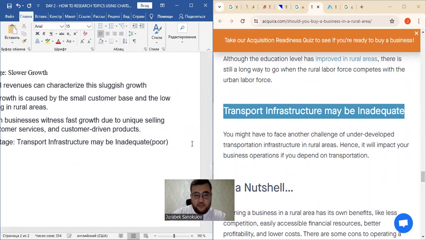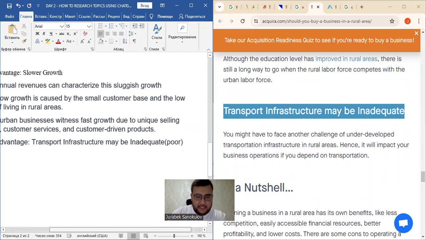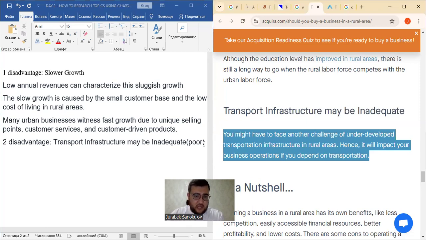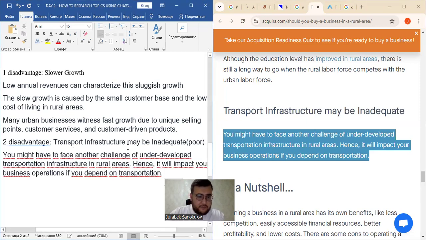It has two meanings. One means insufficient. The other one is poor. Inadequate infrastructure, poor infrastructure. You might have to face another challenge of underdeveloped transportation infrastructure in rural areas. Hence, it will impact your business operations if you depend on transportation. So I'm going to copy this whole paragraph.